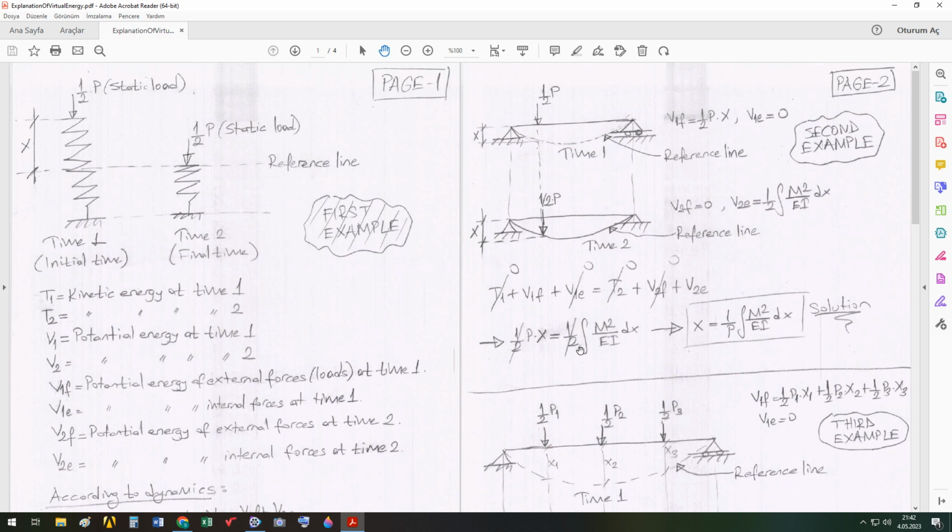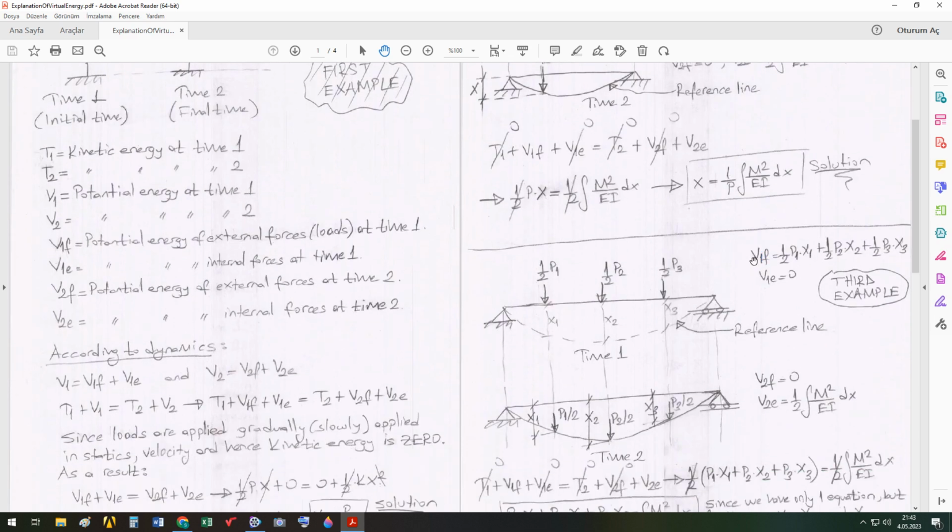So if we eliminate the 1/2 numbers here, we can calculate the deflection or the displacement x in terms of known values of P, and M is also known because M is calculated from structural mechanics and analysis for determinate or indeterminate structures. Now I am speaking here and giving examples from determinate structures to make the topic easy. So the solution is obtained by means of writing energy equations, as we know from dynamics.